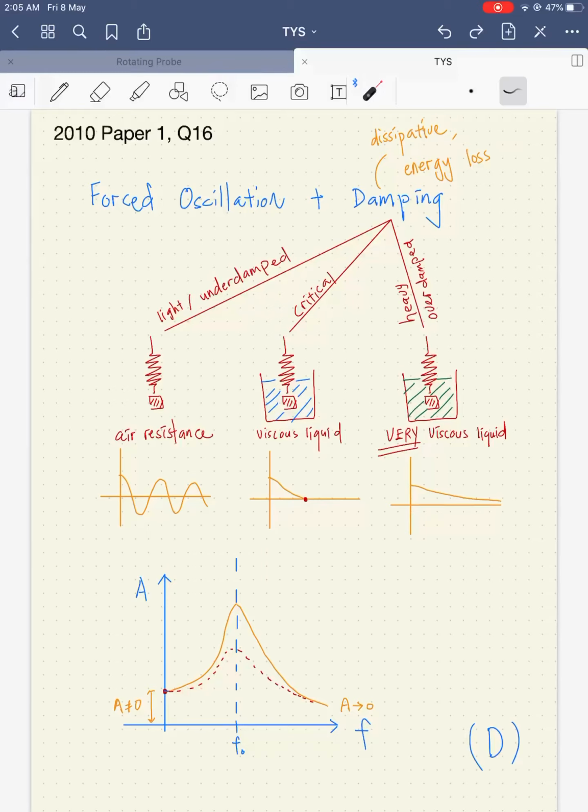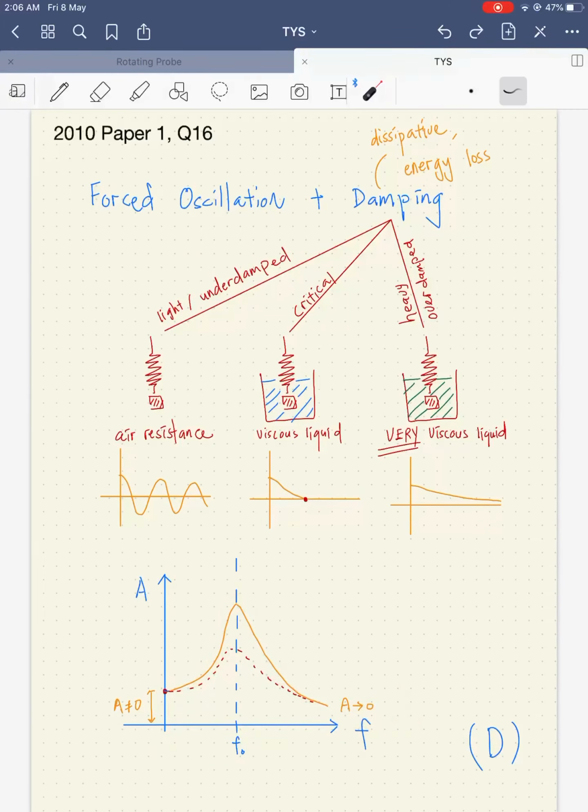That's the point. You should also notice that they start from non-zero at zero frequency. The forced oscillation amplitude is non-zero, then goes up to reach the peak, and then goes down, eventually approaching zero.